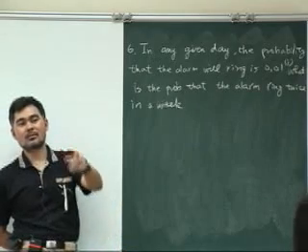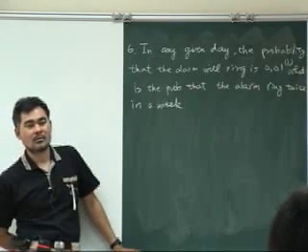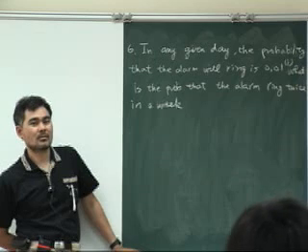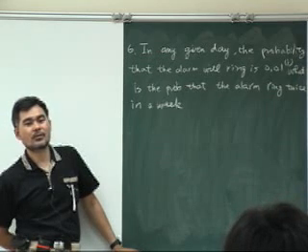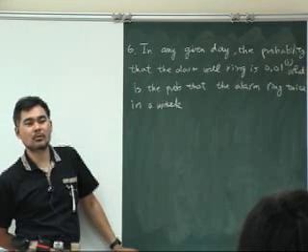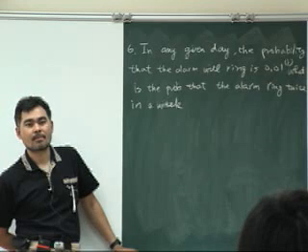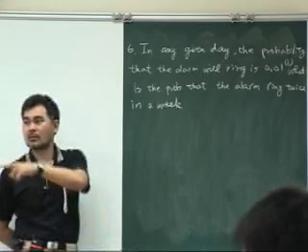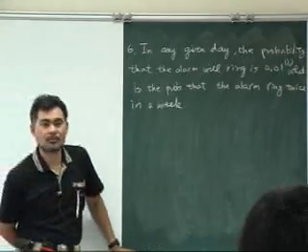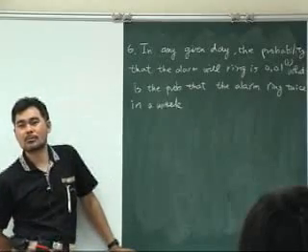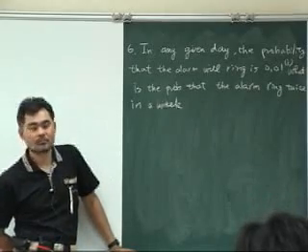The lady in green coat. So what's the probability? Please first tell me what kind of distribution you are looking at. Binomial, right? Binomial. Okay, so how to put down the probability?